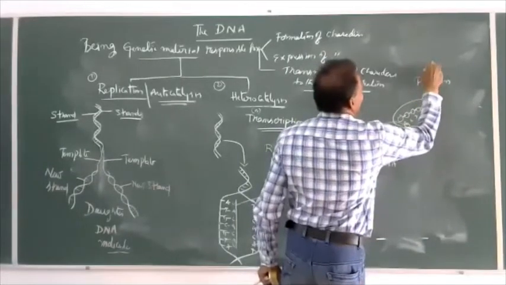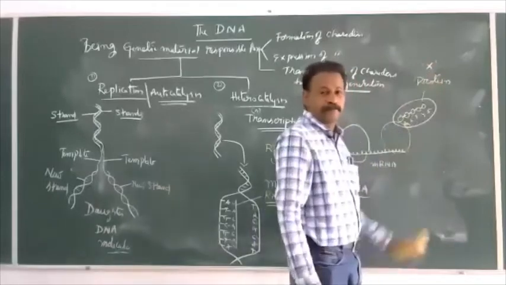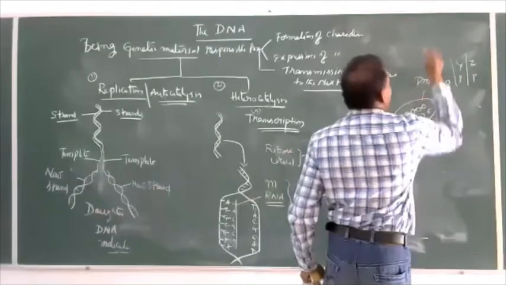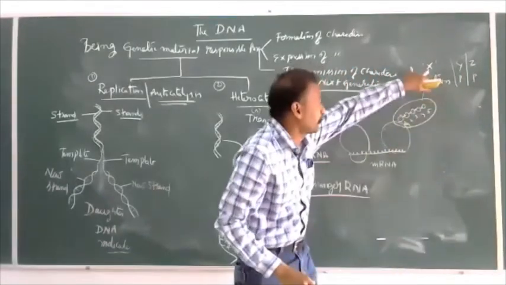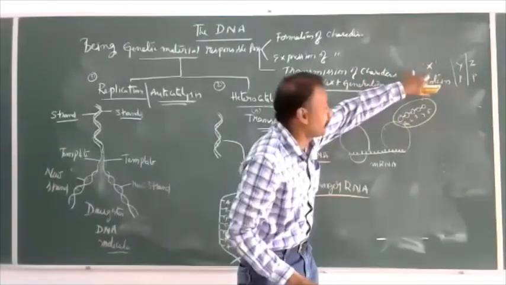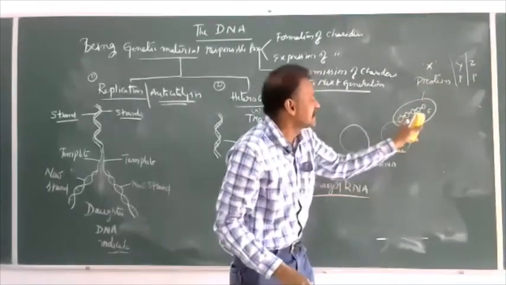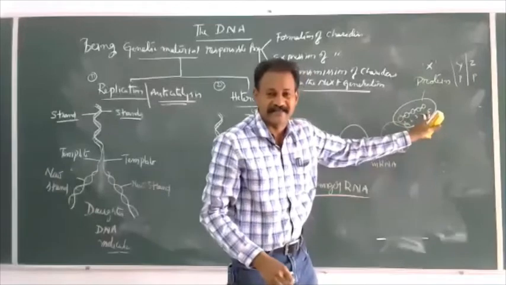Some X protein, or Y protein, or Z protein. The type or name of the protein is determined by the sequence of amino acids.